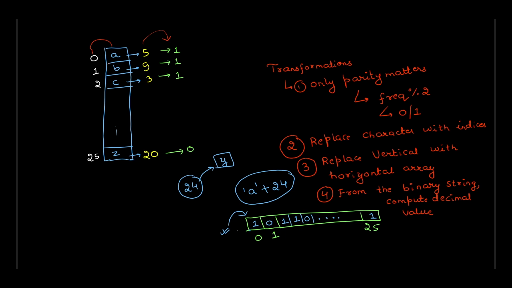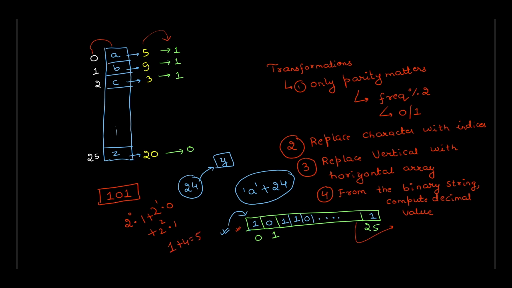Yes, we can do that by visualizing this big binary string not as one very big binary string, but as a simple decimal value. For example, if you had the binary string 101, you could visualize it as 101, or as 2 to the power 0 times 1 plus 2 to the power 1 times 0 plus 2 to the power 2 times 1, which is 1 plus 4, equal to 5.